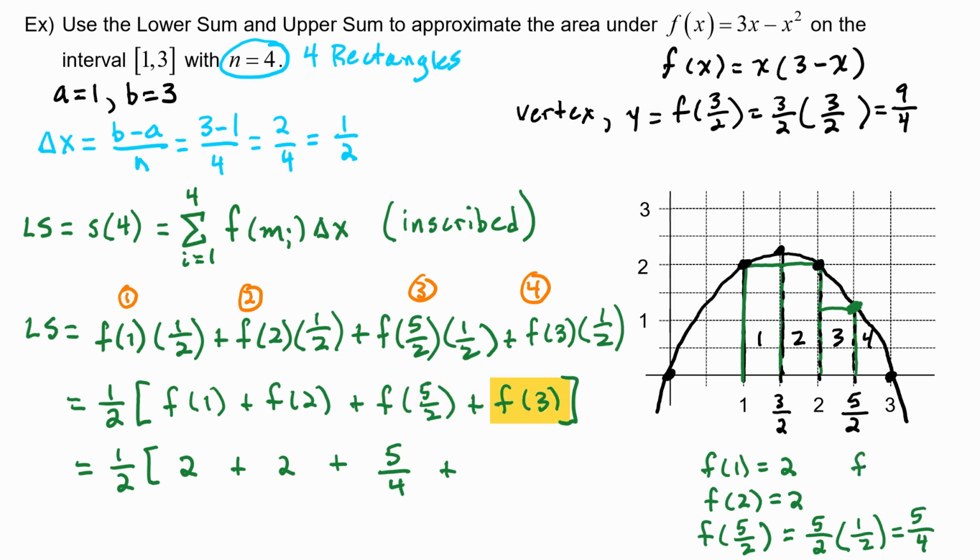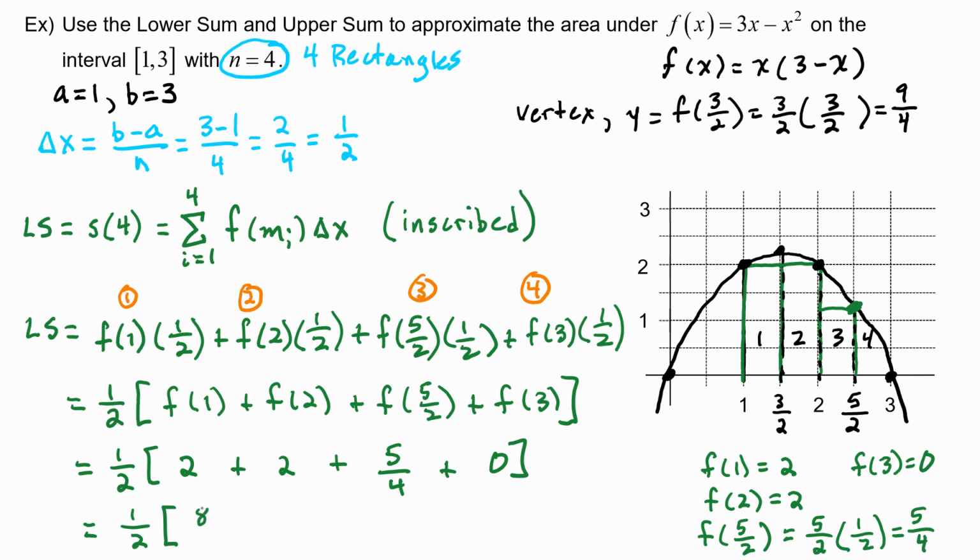And f of 3 we know is 0. So we have 1/2 times, well, it looks like our common denominator will be 4.